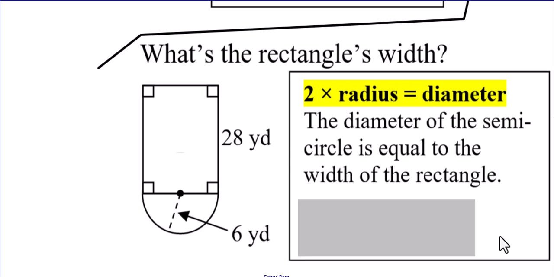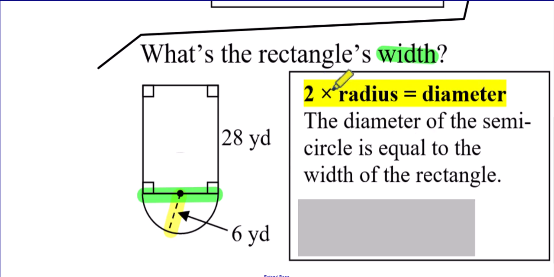And then sometimes you're going to have to get a little creative with diameter and radius. What's the rectangle's width? Now, the rectangle's length, that is already given to us, 28 yards. So I already have that. But the width means going across here. It's not given to me. But if you can recognize radius, two radiuses will give you the diameter.